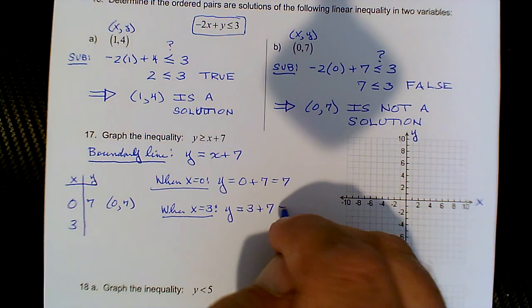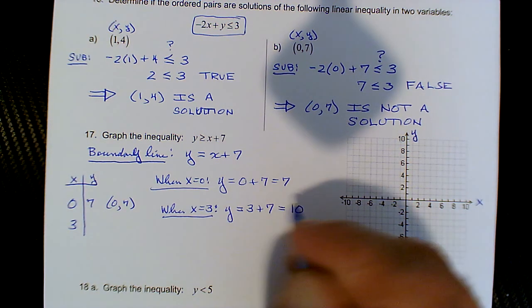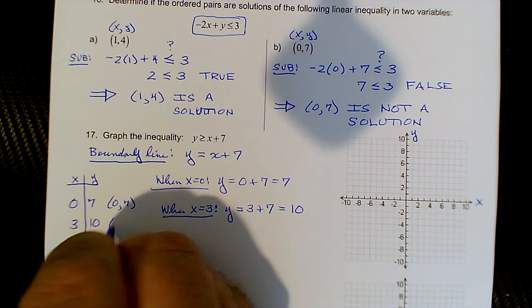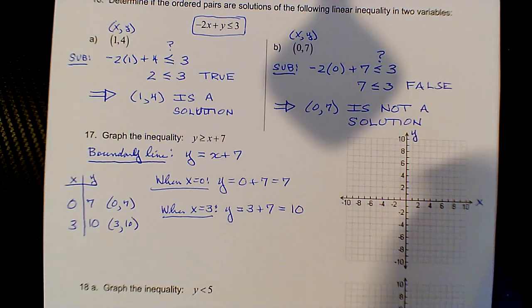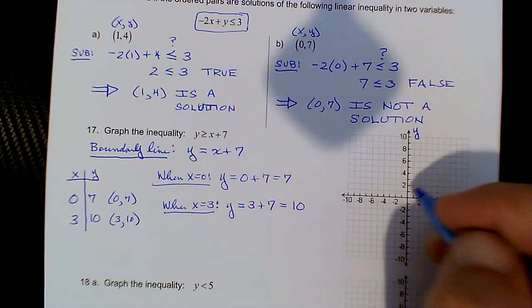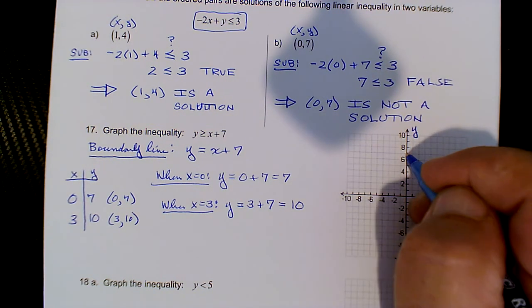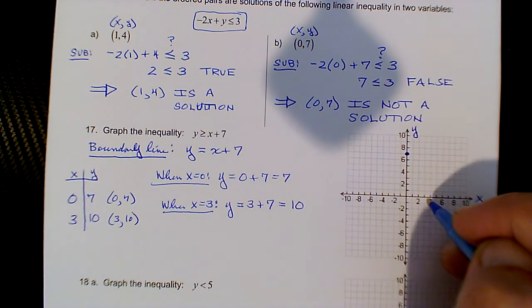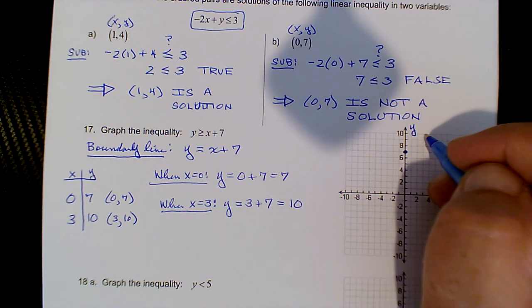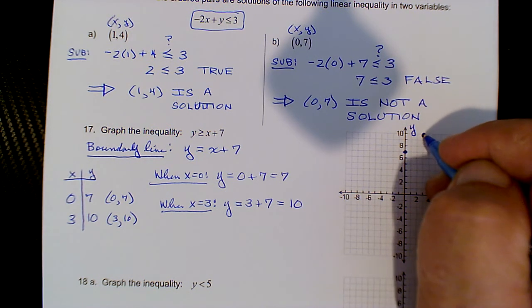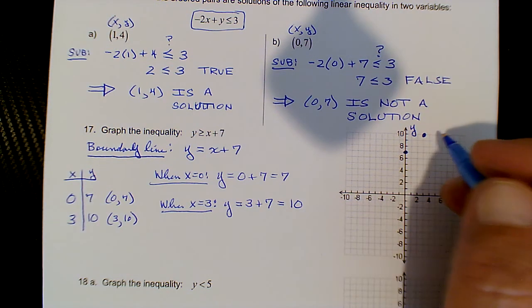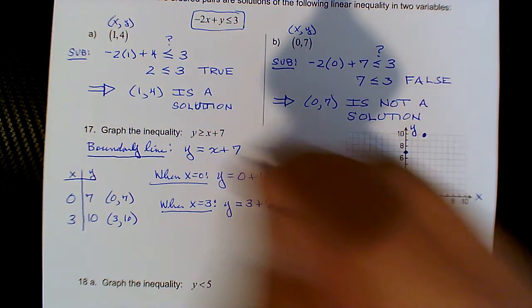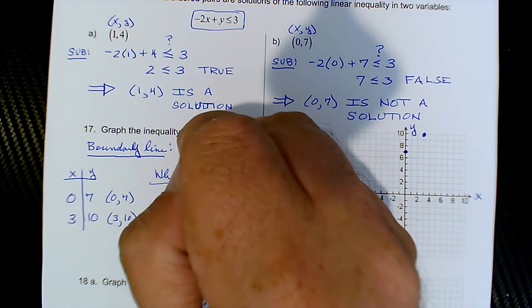So if it were true, we would shade the region that includes the test point, but since it's false, we shade the opposite region. My math lab has that unique paint feature, but this is essentially the way we do it by hand.